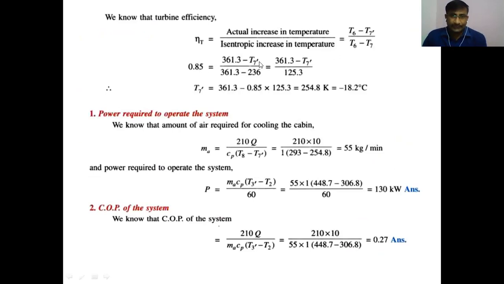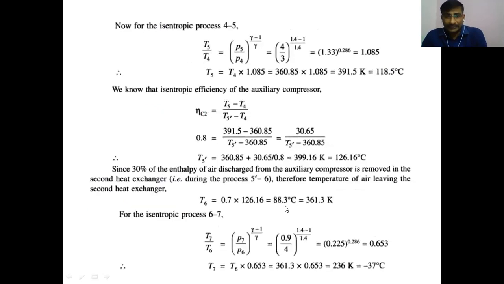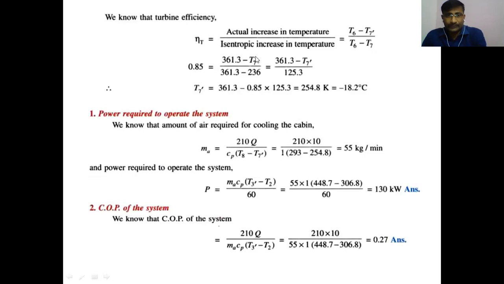In this equation, the only unknown parameter is T7 dash because the efficiency of the turbine is given. T6 is already calculated earlier and T7, 236 kelvins or minus 37 degrees centigrade, is calculated earlier. So upon substitution of all the parameters, we will get the temperature of air after actual expansion in the cooling turbine.